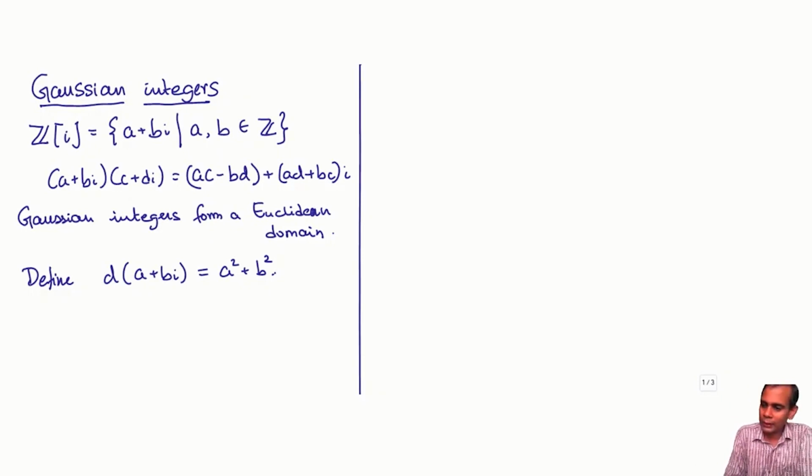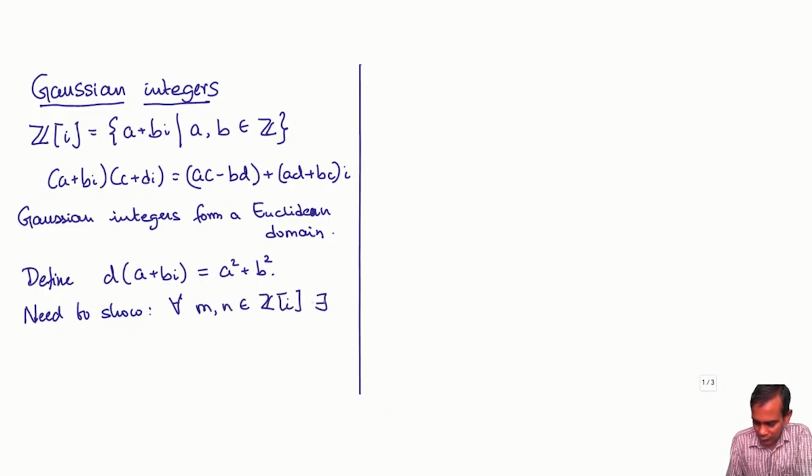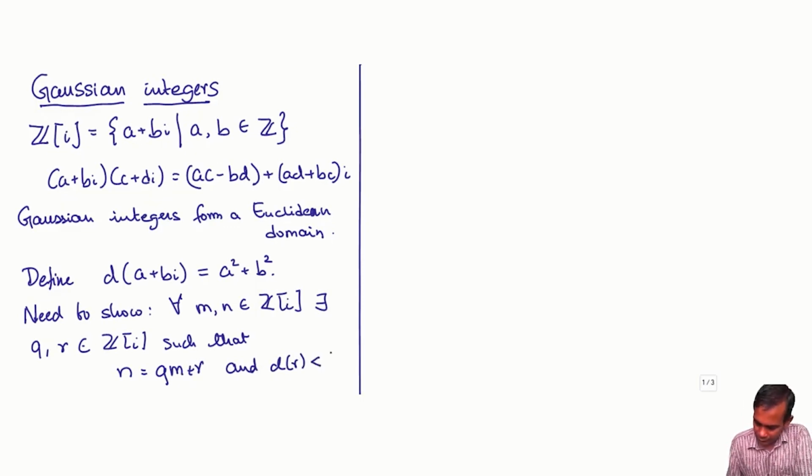Now what I need to show to establish that this is a Euclidean domain is that for all m, n Gaussian integers, there exist Gaussian integers q and r such that n is equal to qm plus r and d of r is strictly less than d of m.